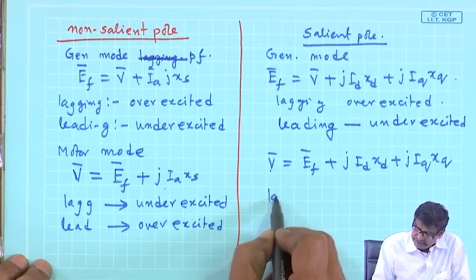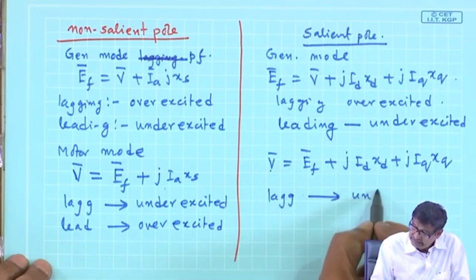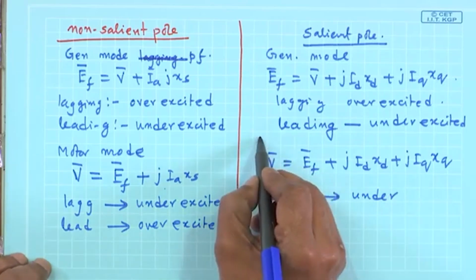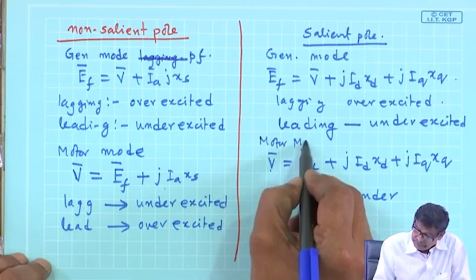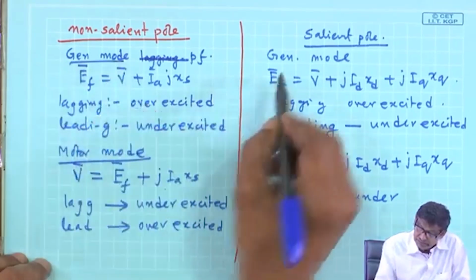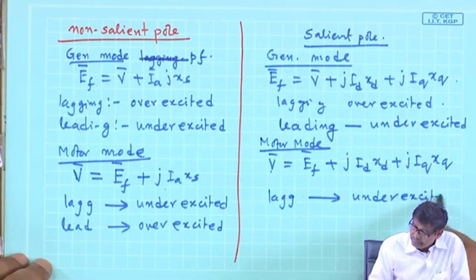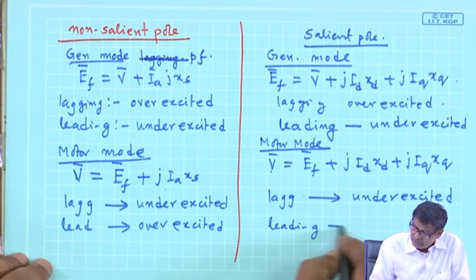Similar is the case here: lagging power factor under excited, it is motor mode. This was generator mode, so under excited and leading is over excited.